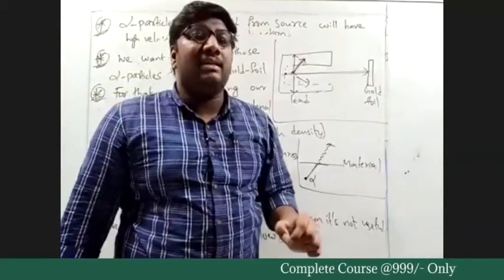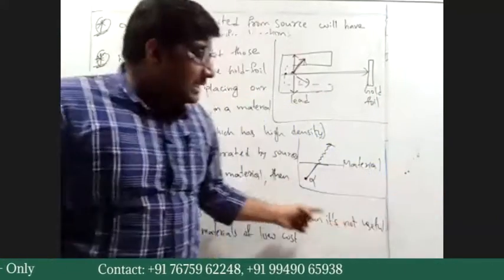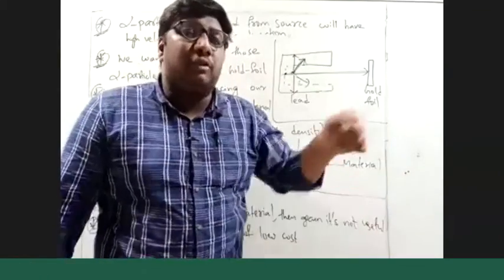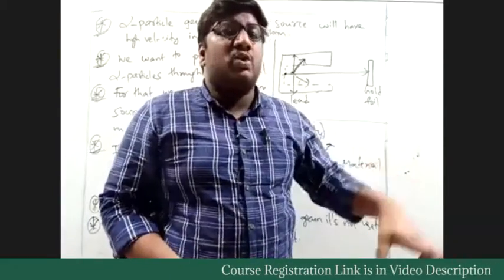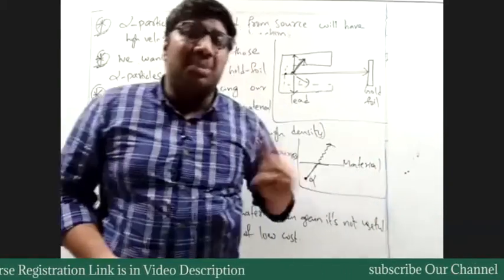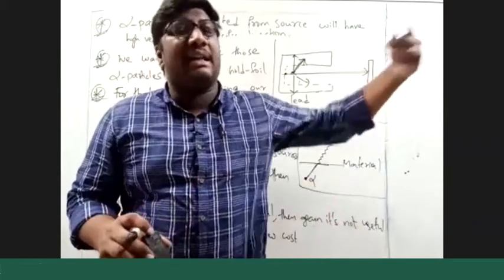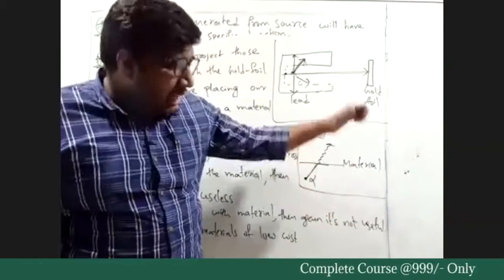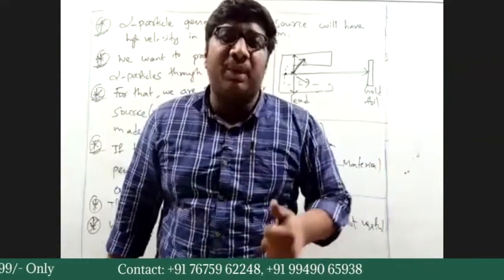Anything hitting that material should not penetrate it, the material should not react with the alpha particle, and it should be of low cost. Considering all these factors, scientists came to lead. That does not mean lead is the most dense material in the world. There are many things even more dense than lead, but our requirements are fully satisfied by lead. That is why we choose lead.